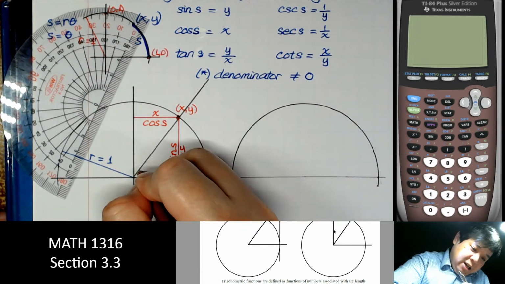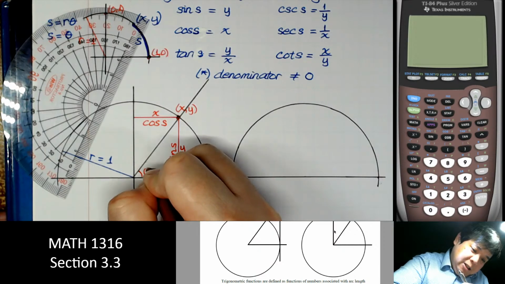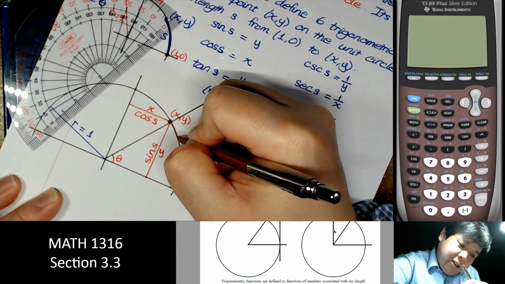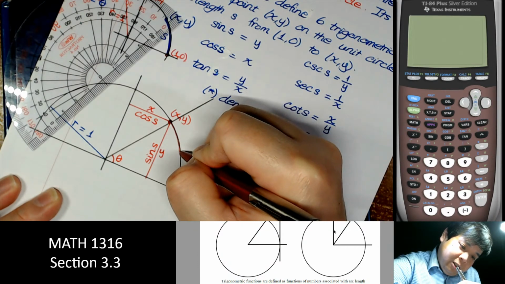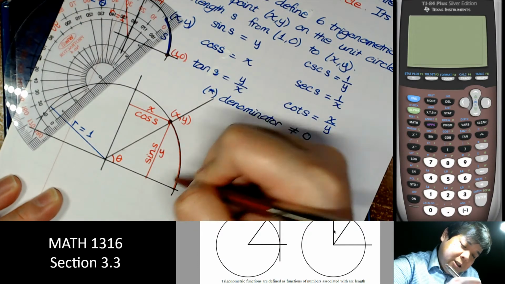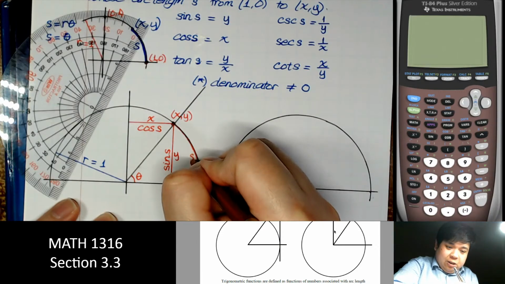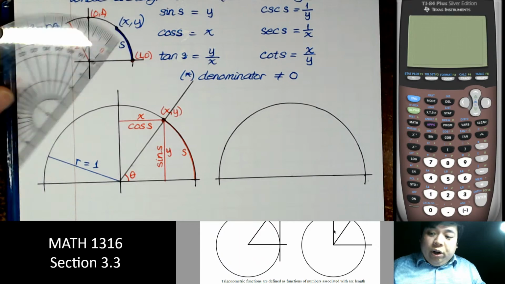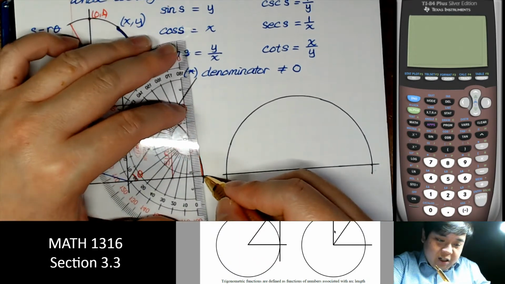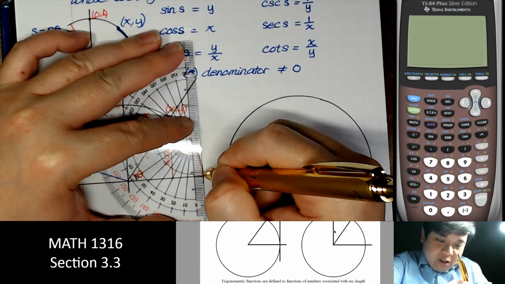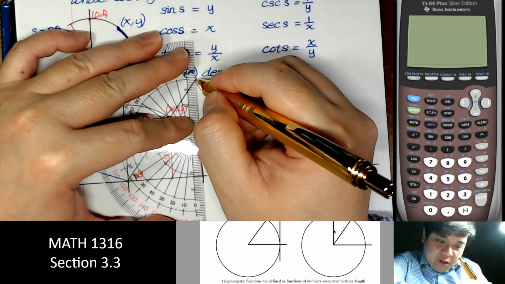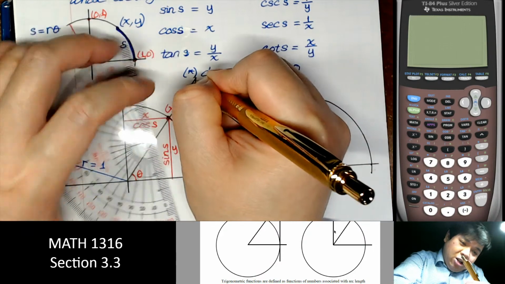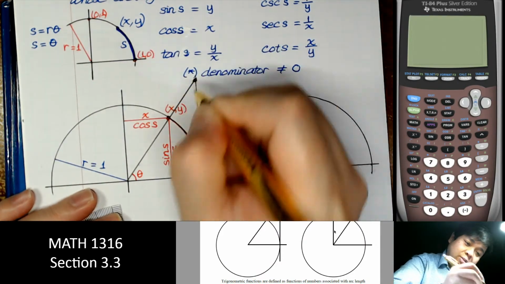By the way, this is theta, and this is s, the arc length, the center angle. Now, what we do is we're going to draw the tangent line at this point, and the tangent line will cut at that point.